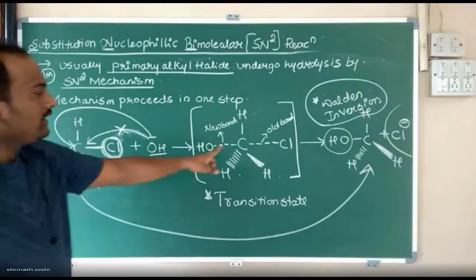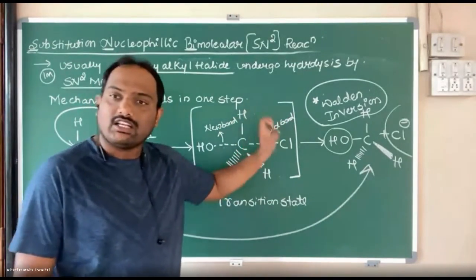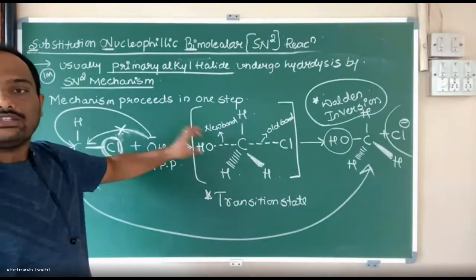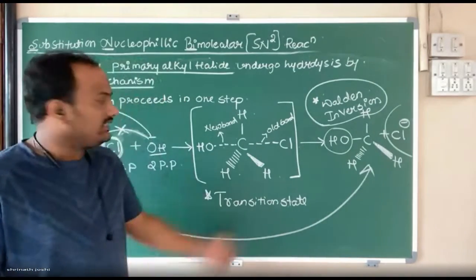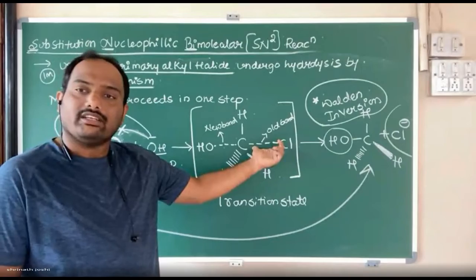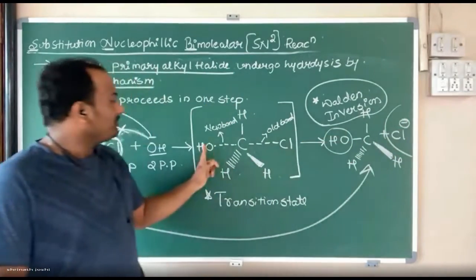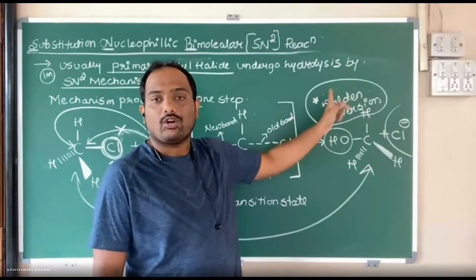Therefore, what will carbon do? It will start to lose the Cl. Gradually, it will make a very weak relationship with chlorine, and simultaneously, it will make a stronger bond with OH. Ultimately, since the C-Cl bond is very weak, the chloride atom will dissociate, and the OH will permanently bond with the carbon to give the inverted product. That inversion is called Walden inversion.